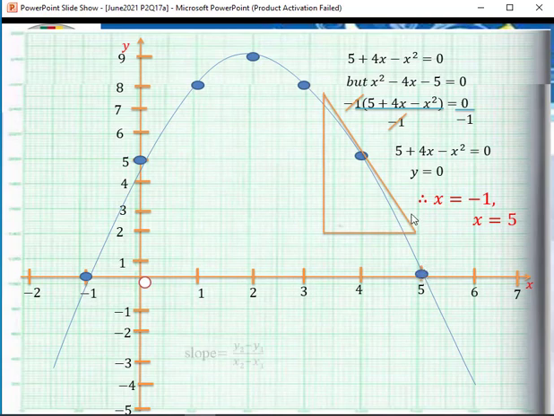So the slope of a line is y2 minus y1 divided by x2 minus x1. y2 is simply the higher value of y, which will occur here, minus the lower value of y, which will be y1 here, and x2 will be the higher value of x, and x1 the lower value of x, which will occur here.